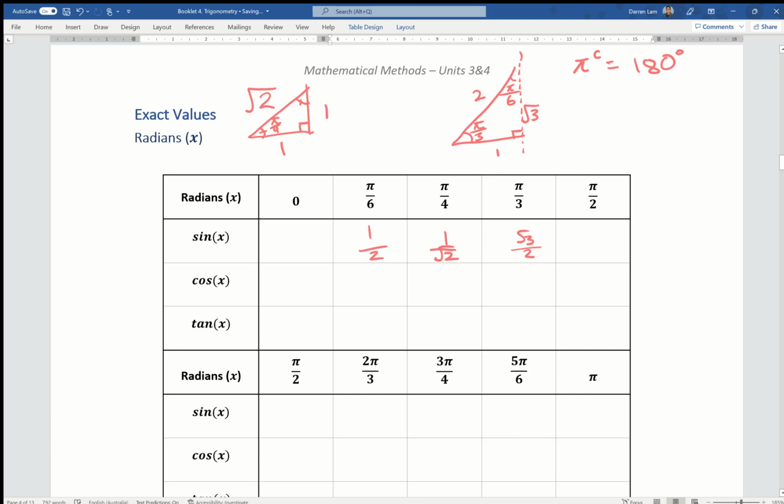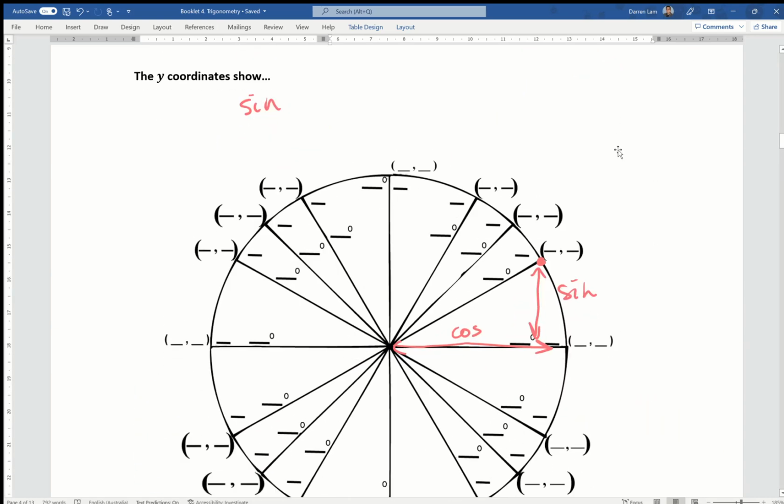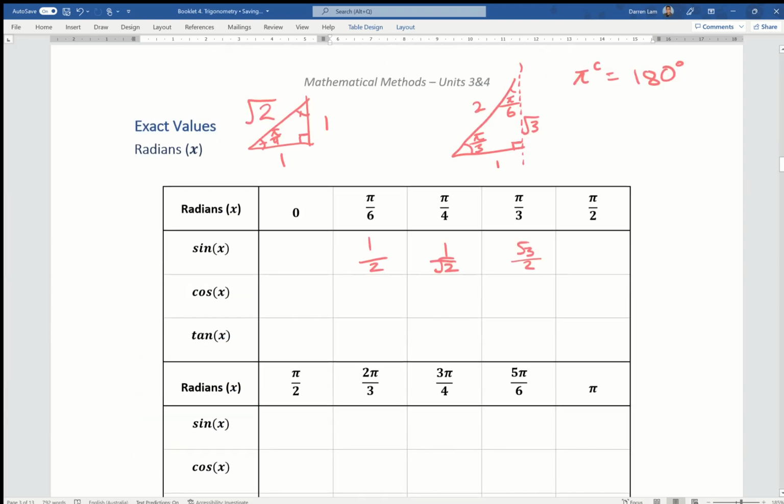Now, how do we fill in pi on 2? How do I find what sine of pi on 2 is? Which ordinate does the sine value represent? Y. Good. Y. At pi on 2, what is the y value? 1. So that's it. 1.